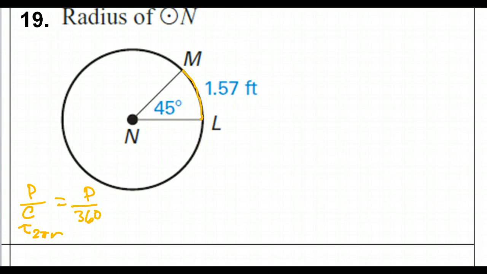So let's set it up. Part over whole degrees, the partial degrees are 45 degrees out of a total of 360. Now, the partial length, we're given the length this time. It's 1.57 feet.